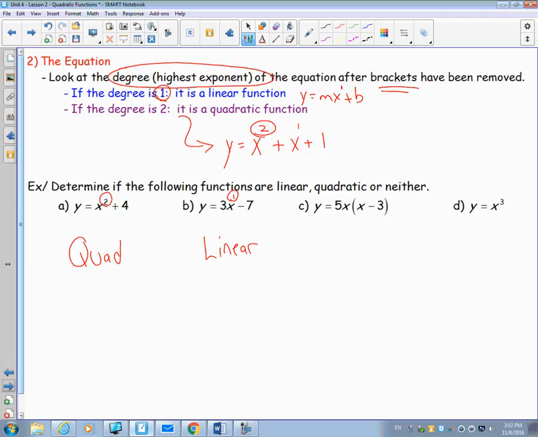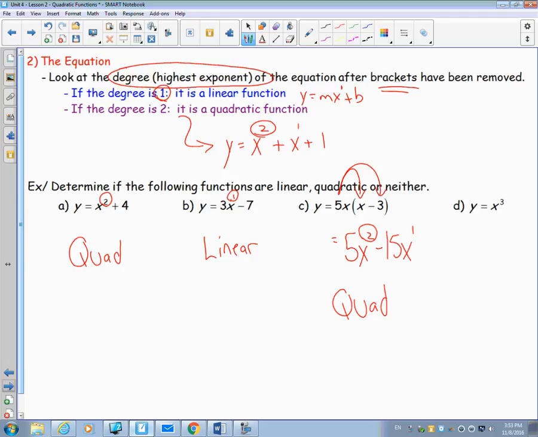The third one, I don't see any exponents, but I do see brackets. We need to get rid of brackets. We have to expand first. So 5x times x makes 5x squared. 5x times 3 makes negative 15x. Look for exponents, a 1 or a 2. Well, 2 is higher, obviously. And since 2 is the highest exponent, that's a quadratic.